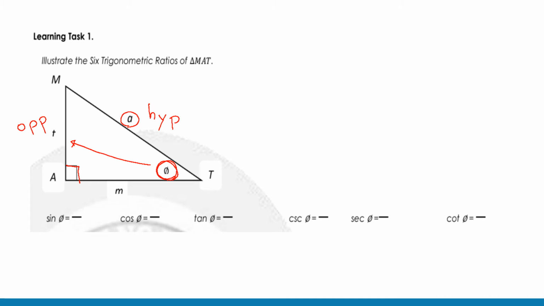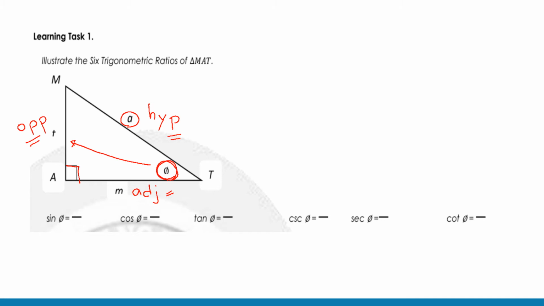And since na-identify na natin yung opposite side and hypotenuse, lumalabas itong side M. Ito yung tinatawag nating adjacent side of this angle theta. So, maliwanag na yung three sides natin.